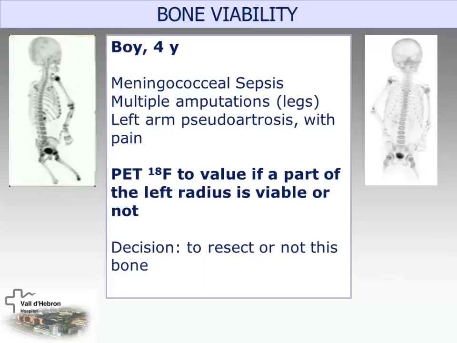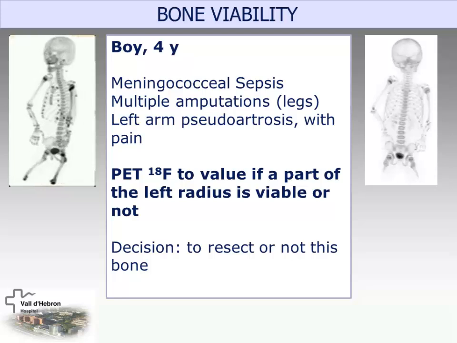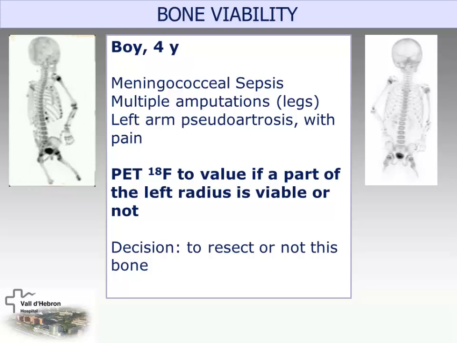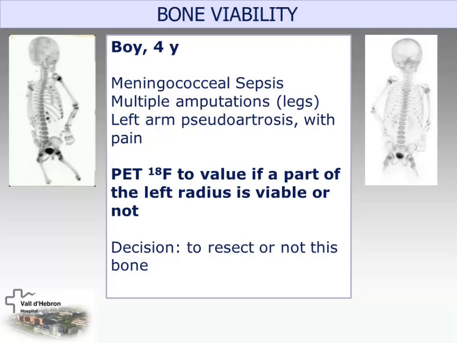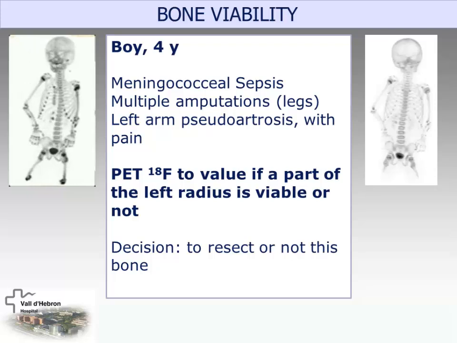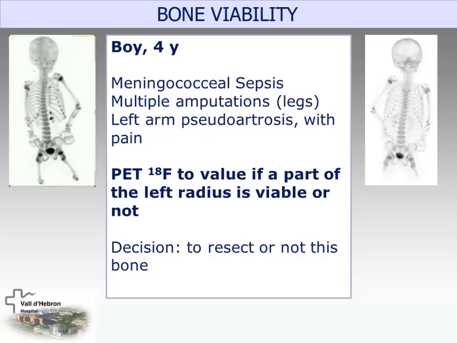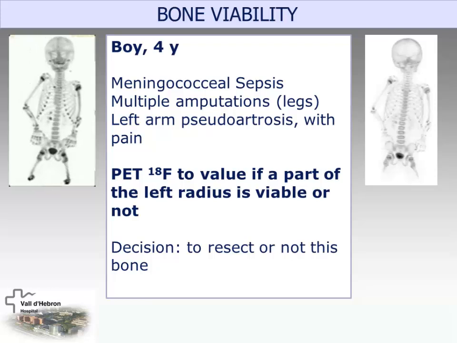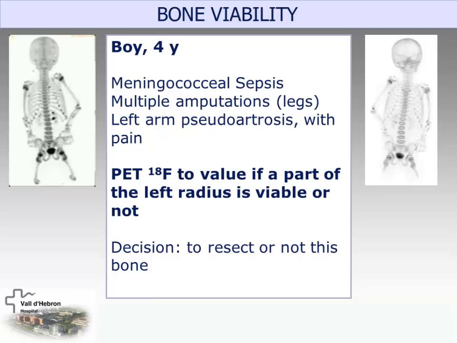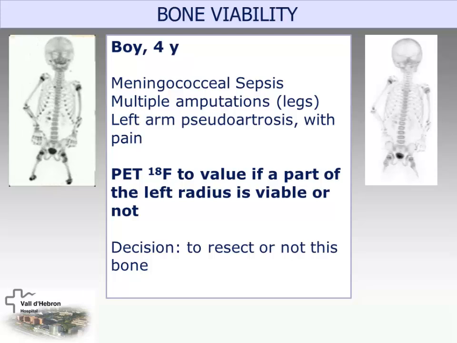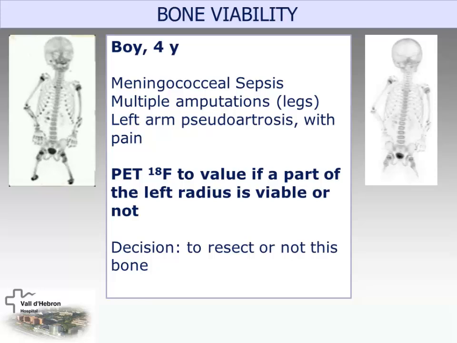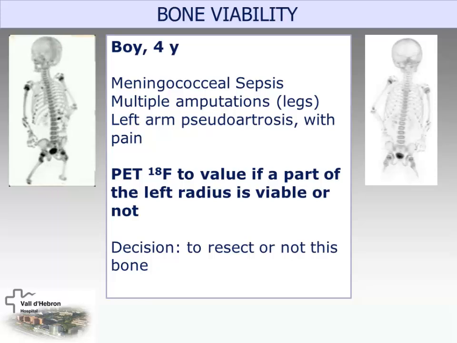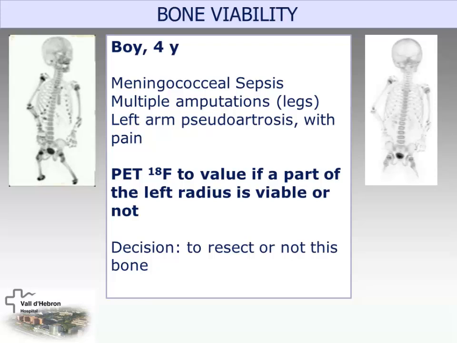Another case. This is a boy, 4 years old, who had meningococcal sepsis when he was a baby, with multiple amputations. For example, he has no legs, and he has a left shoulder arthrosis, perhaps due to the sticks, with pain on the left arm, not on the right one.